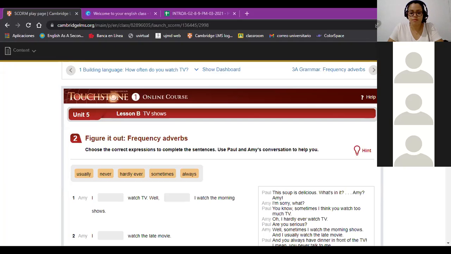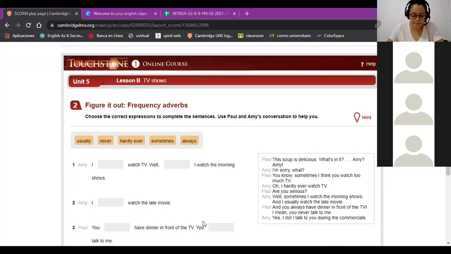So I have one, 2, 3, 4, 5 people who are finished. 5 out of 8. 3 people missing.